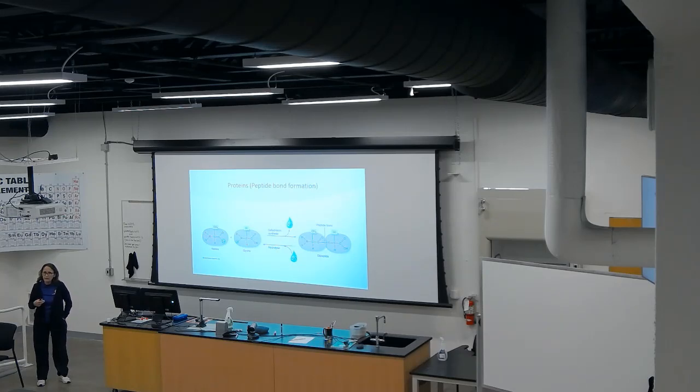So in order to make a protein, what you will do is dehydrate these amino acids when they are together. You dehydrate them and then you join them by a bond that we call a peptide bond. Here we have alanine, another type of amino acid, and then we have glycine.